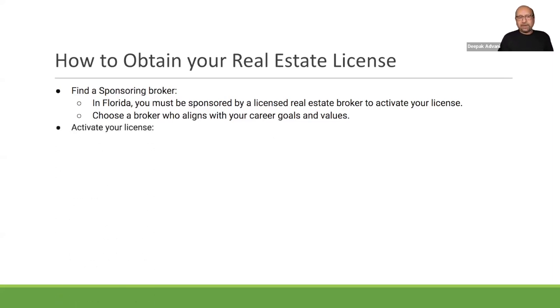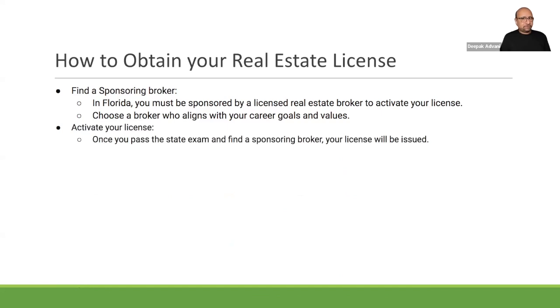So once you have identified that you're going to work with a particular brokerage, that sponsoring broker is going to activate your license. It's very important. When your state exam is cleared and you are issued a license, remember that license would be in an inactive status. You cannot legally practice real estate with an inactive status.